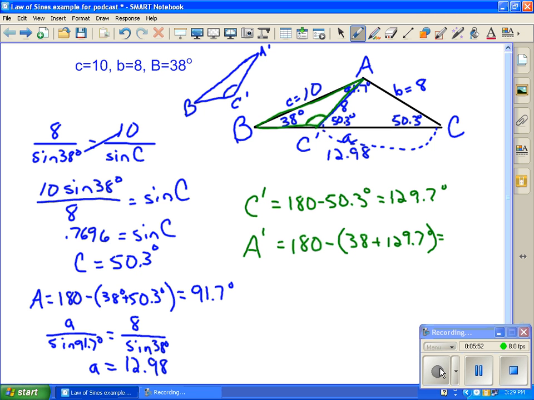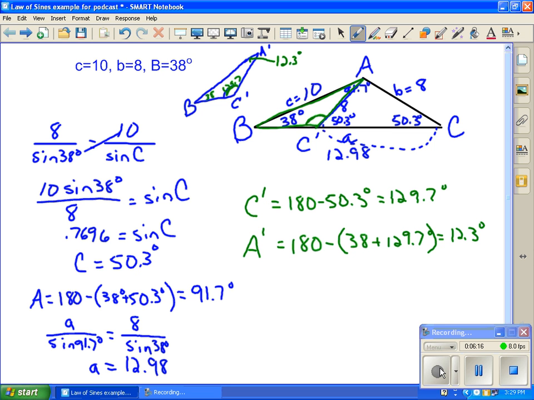So we get 12.3 degrees. So in this obtuse angle, if that's 129.7, and this over here is 38 because that was given, then our new angle A is going to be 12.3 degrees.